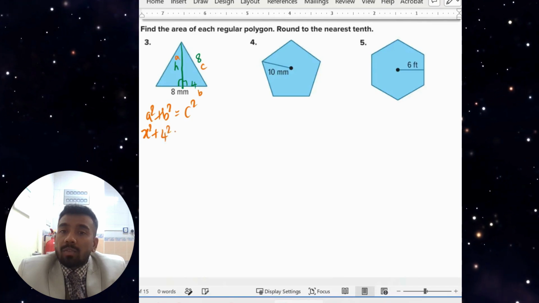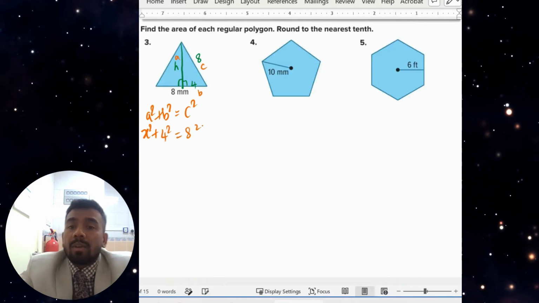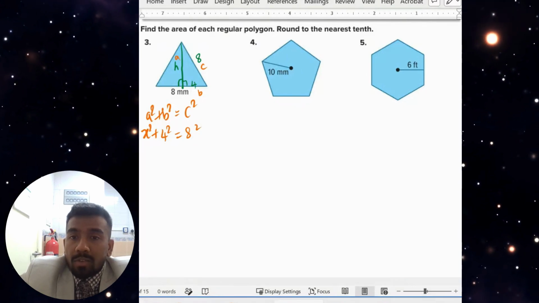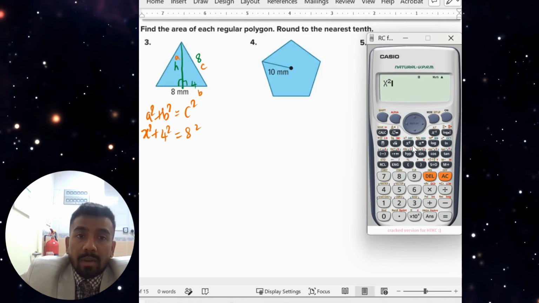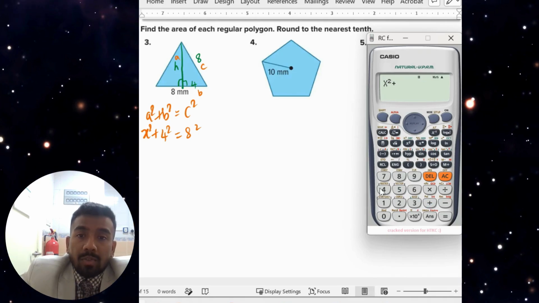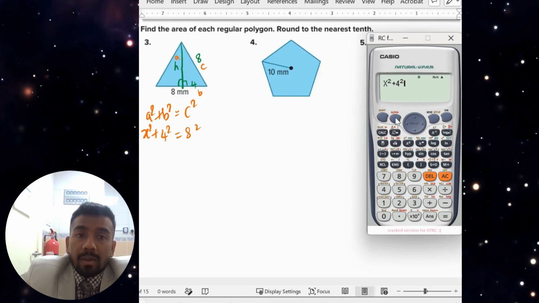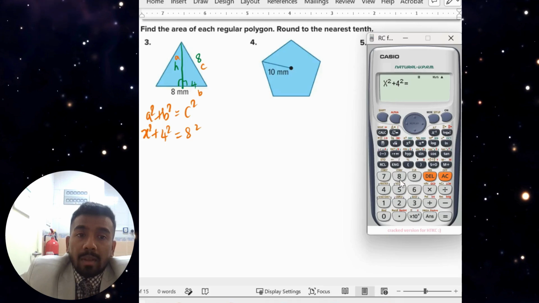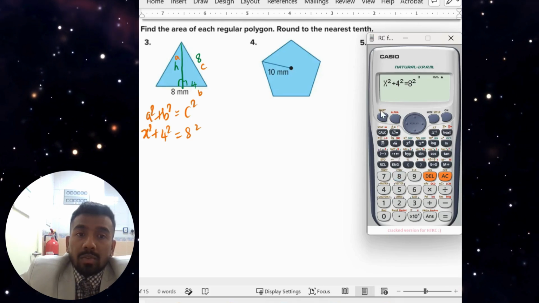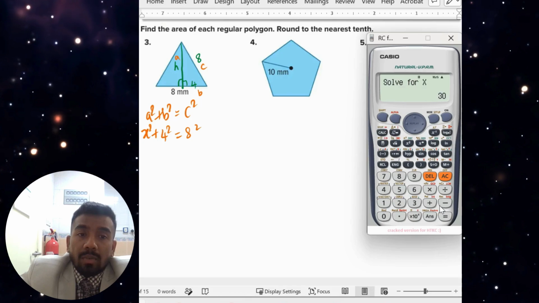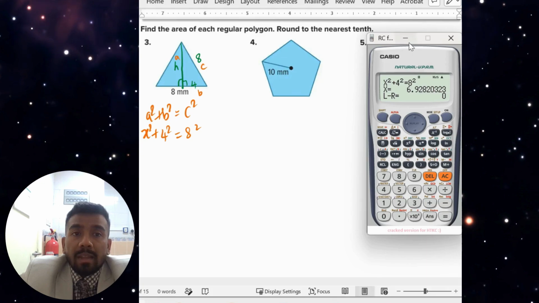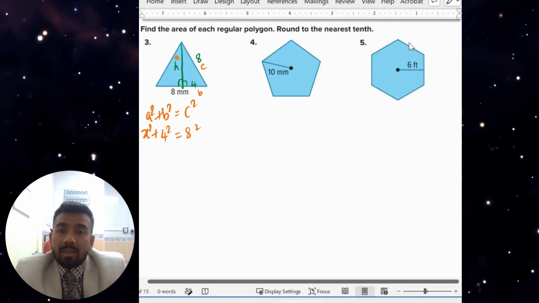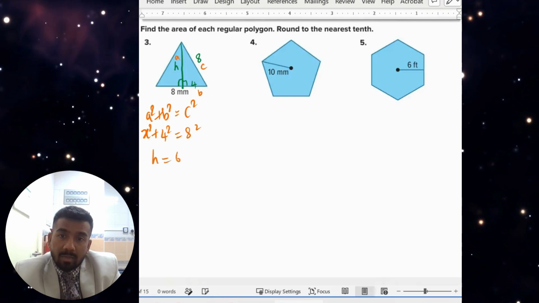B is your 4 square and C is your 8 square. So shift solve. X square plus 4 square equals 8 square. Do shift solve equal. So what do you get? Height 6.928. That's 6.93. So that's your height.